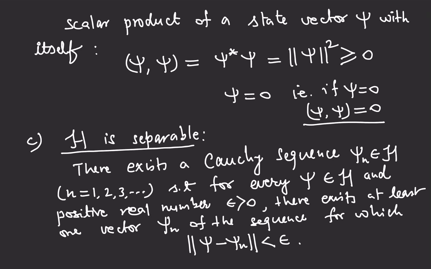That means for every element of the Hilbert space, there exists an element in the sequence such that their difference is always a positive number less than epsilon, which is greater than 0. Hence the Hilbert space is separable.